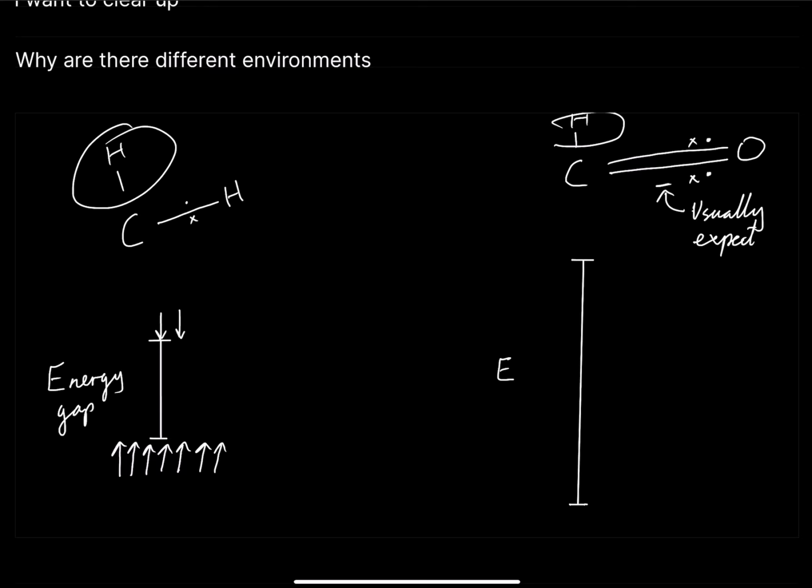The larger the energy gap, the higher the energy released when it de-excites back down again. So the signal, or energy, detected at the detector will be higher, and hence the chemical shift will be higher, right?